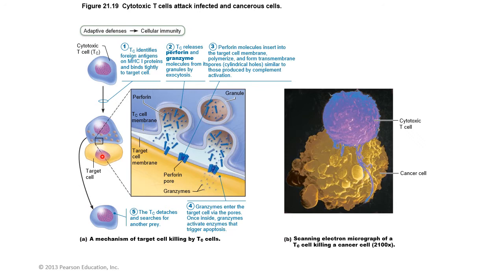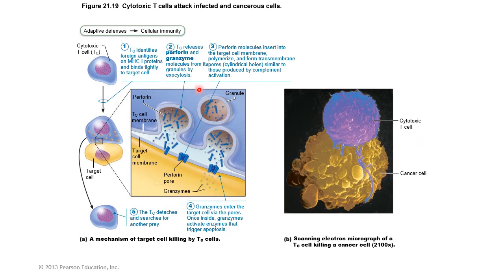an intracellular pathogen. The cytotoxic T cell releases perforins from the granules that are in it. And those perforins are proteins that will assemble and form a hole in the pathogen's membrane or a cell wall. And then there are these proteins called granzymes that go into that opening caused by the assembly of the perforins.